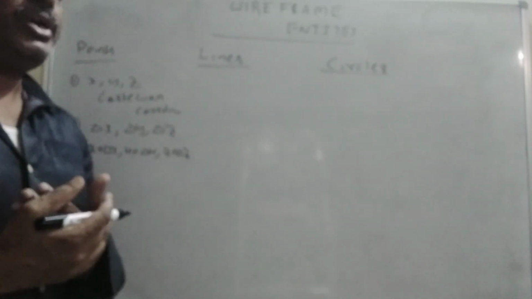Secondly, if you already have a point, you can increment that point to the next level by delta x, delta y, delta z: x plus delta x, y plus delta y, z plus delta z. That means we have a point in the computer, and for another point, we are incrementing the Cartesian data by delta x, delta y, and delta z.